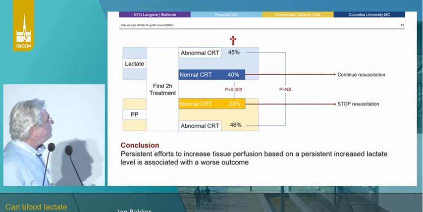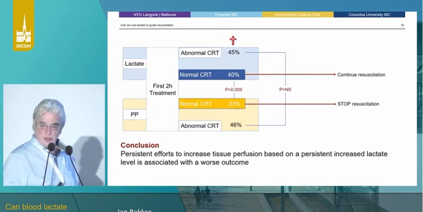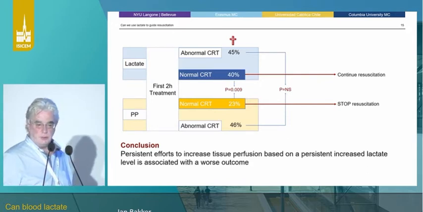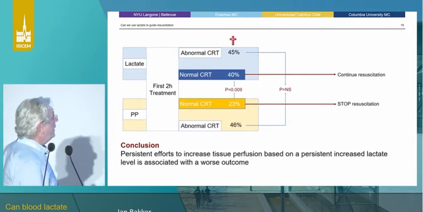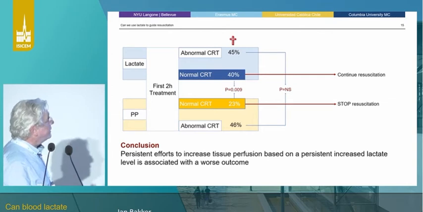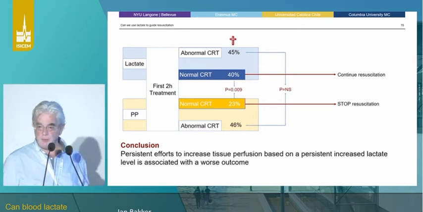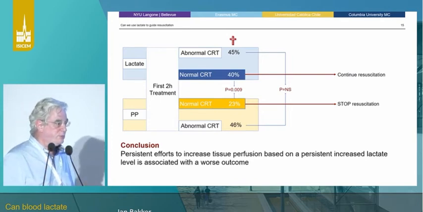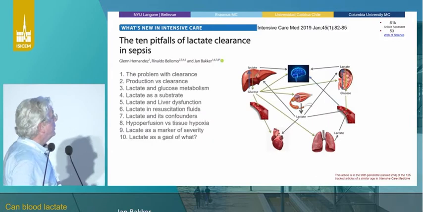After the first 2 hours, chasing lactate in a patient with normal capillary refill time doubles mortality. That doesn't mean that you kill them, but it means that targeting lactate in a patient without perfusion abnormalities, even already after 2 hours, doesn't seem to really benefit the patient.